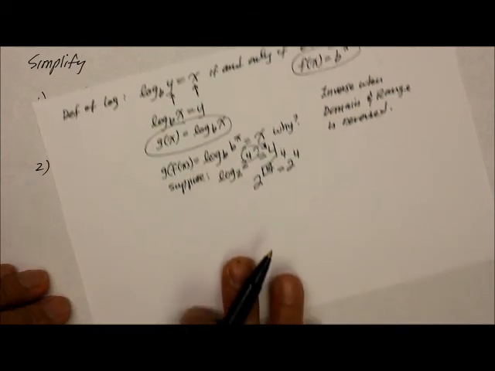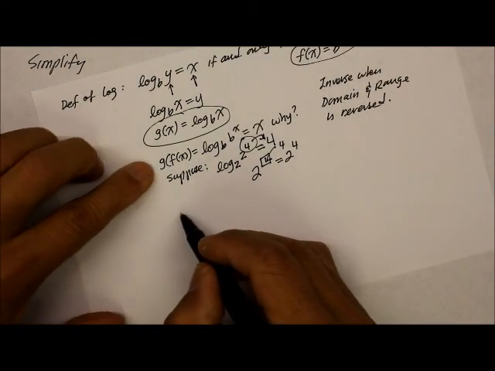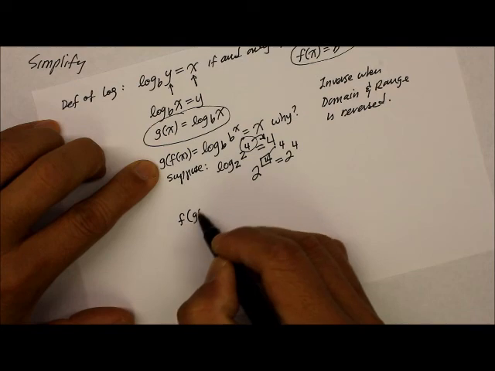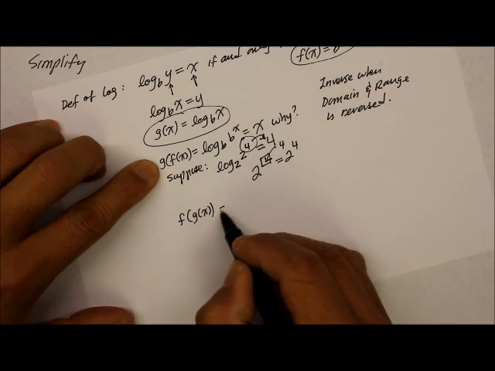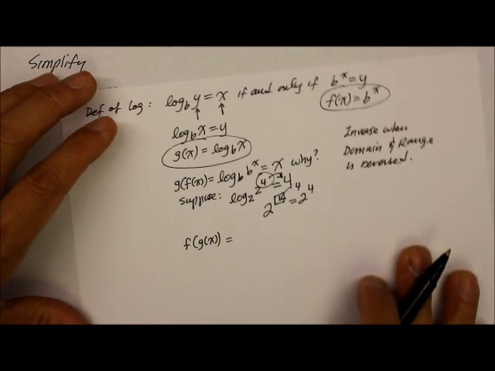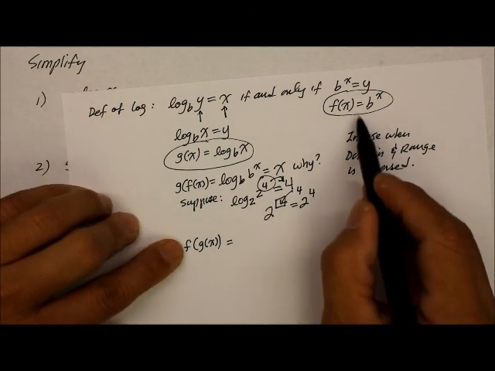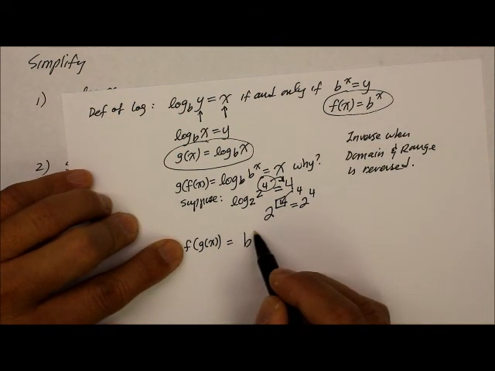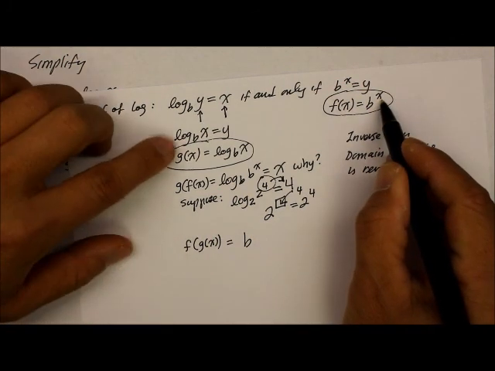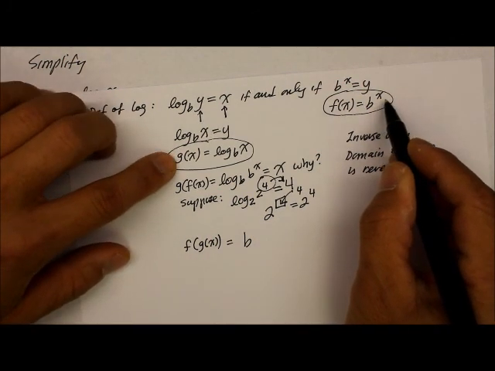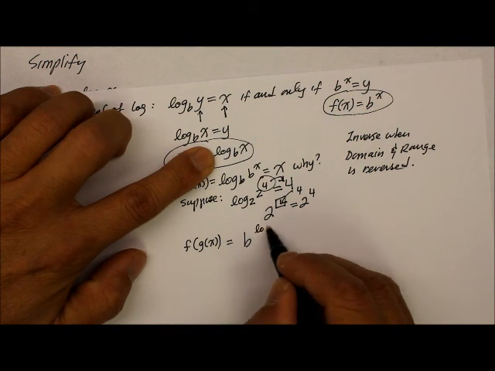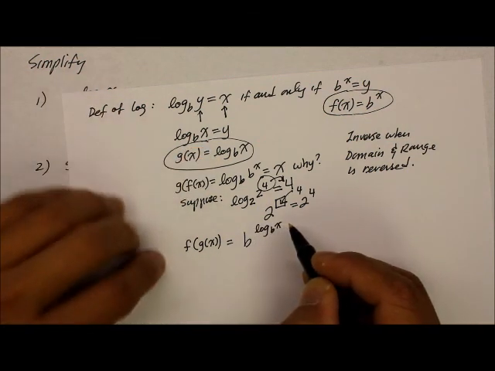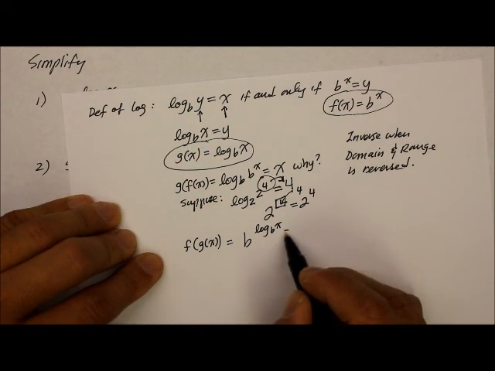What if I reversed it and said f of g of x? Then the same thing should happen, right? Because now if I say f of x, which is b to the x power, but where the x is, I'm going to substitute it with g of x, which is defined as log base b of x. Stay with me now.